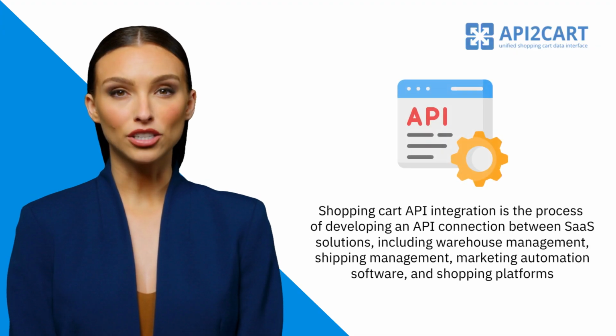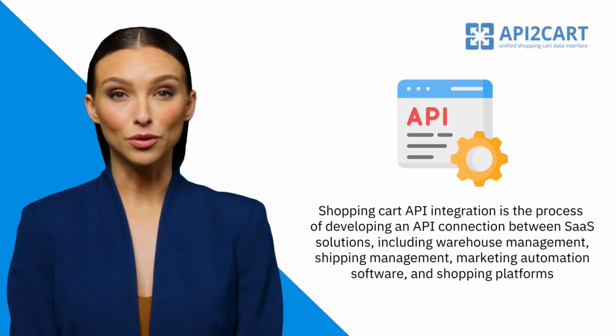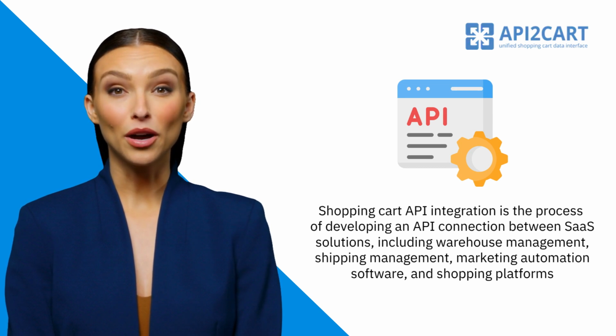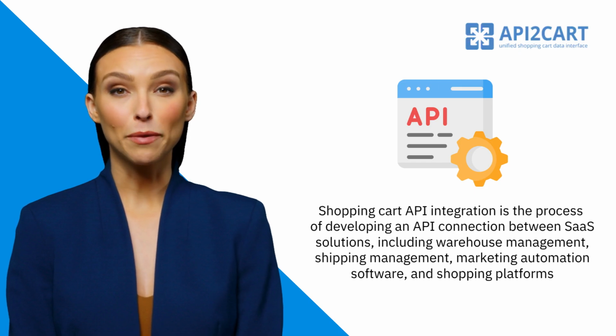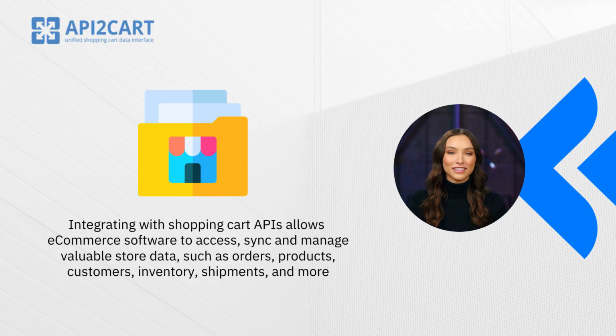Shopping Cart API integration is the process of developing an API connection between SaaS solutions, including warehouse management, shipping management, marketing automation software, and shopping platforms. Integrating with shopping cart APIs allows e-commerce software to access, sync, and manage valuable store data such as orders, products, customers, inventory, shipments, and more.